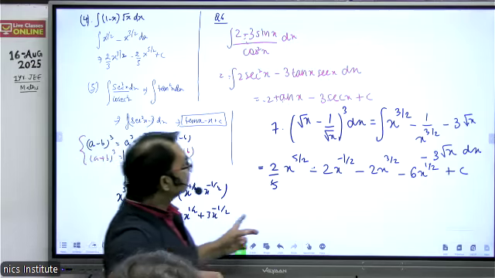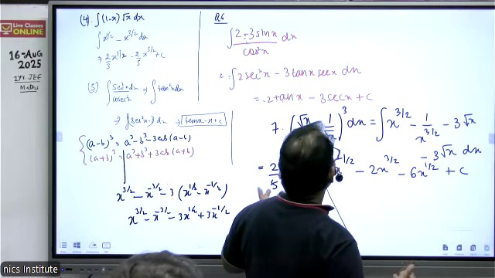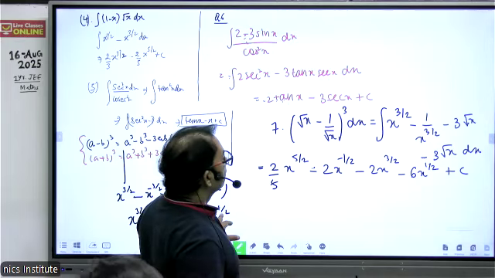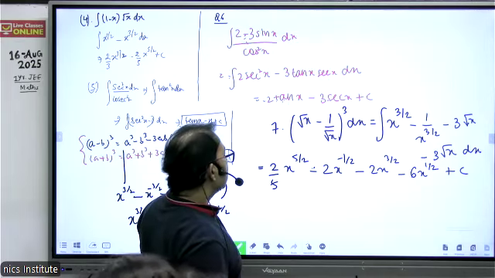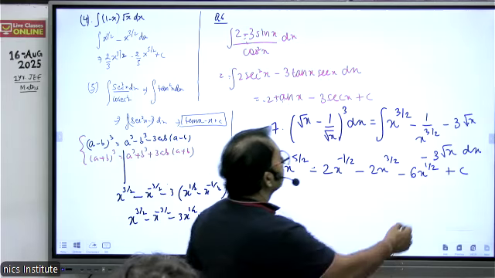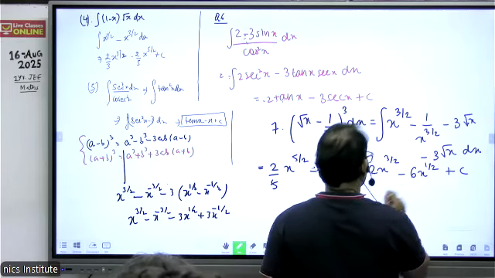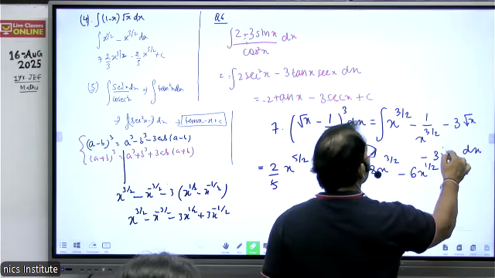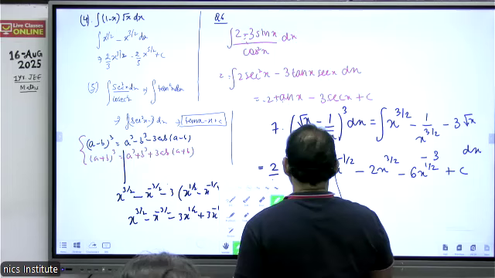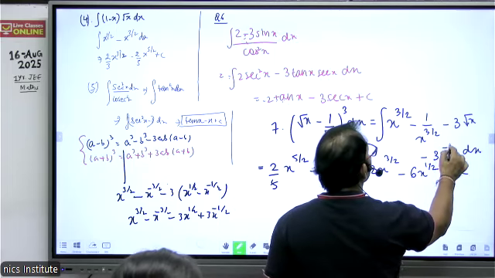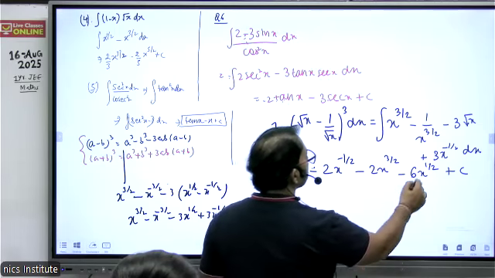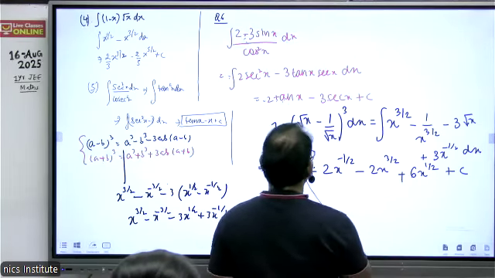I think minus half power would be, where is minus half? The plus, this is wrong. This one is wrong. This should be x to the power minus half, and it should be plus also. So when you integrate this, it will be plus.